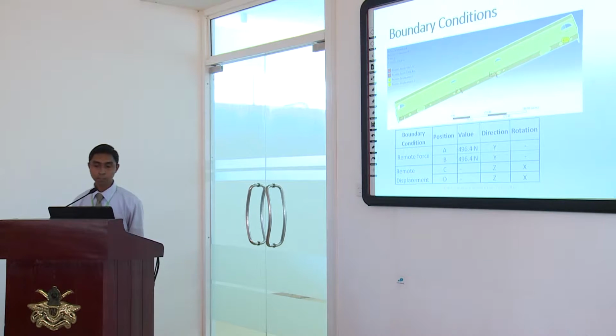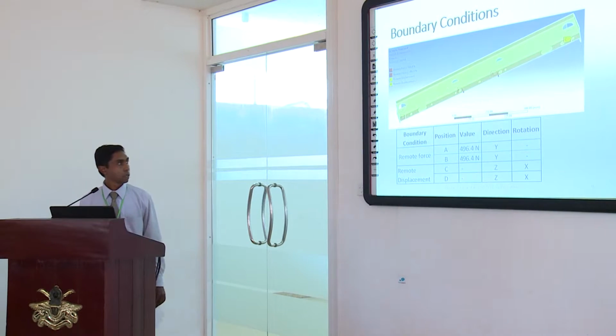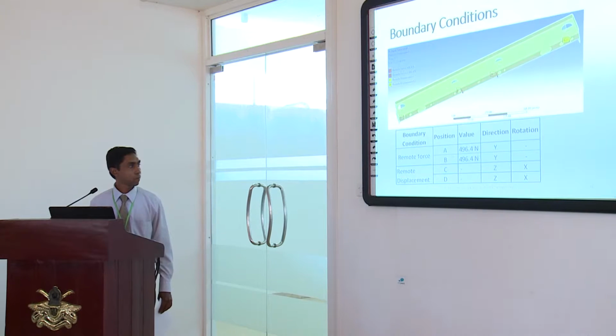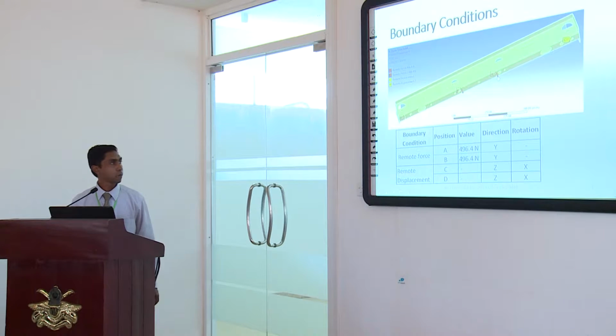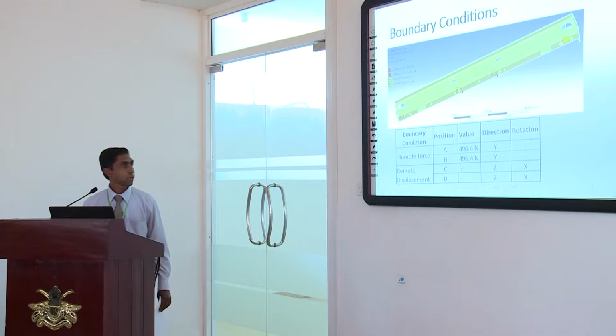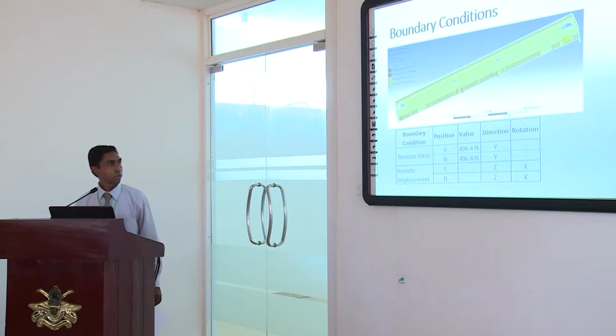In the analysis of the finite element model, these are the boundary conditions applied. I applied two loads at positions A and B, the positions attached to the vehicle, and at C and D, a remote displacement, which means it has freedom to move in the Z direction and rotate about the X axis.